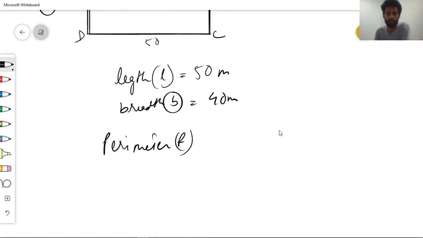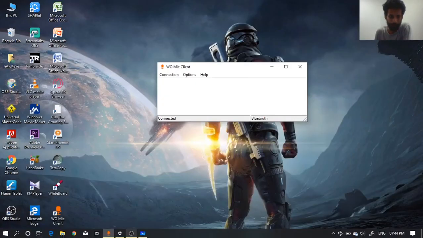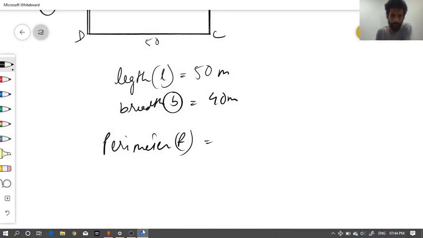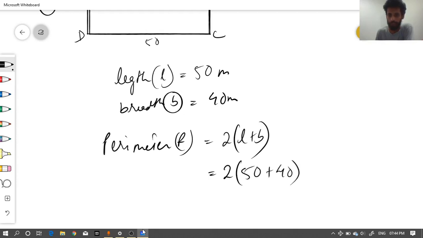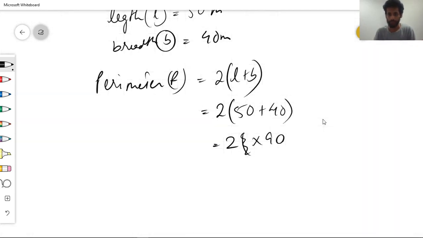Perimeter P is equal to 2 times L plus B. So 2 times 50 plus 40. 50 plus 40 will be 90, and the bracket means multiplied by 2. So this will be 180.